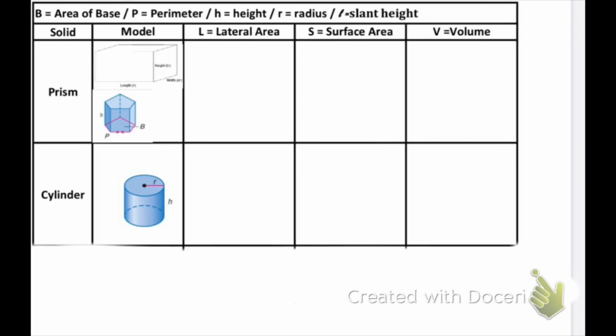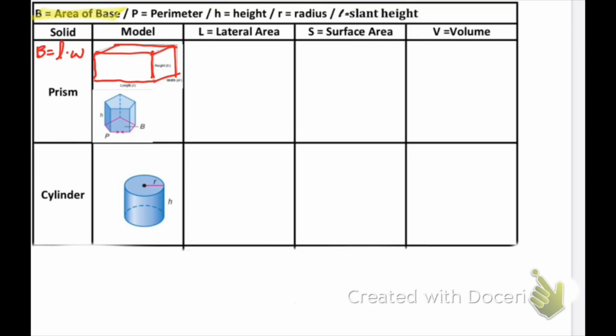So let's look at my rectangular prism here. Well, to solve for the area of the base, it's going to be capital B. For a rectangular prism or a square prism, it's just going to be the length times the width. That will give me the area of the base.